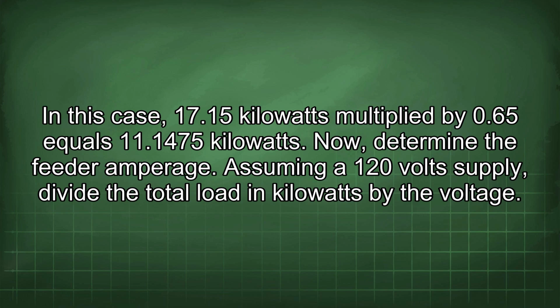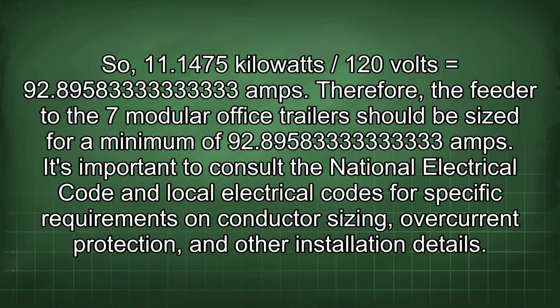Now, determine the feeder amperage. Assuming a 120 volt supply, divide the total load in kilowatts by the voltage. So, 11.1475 kilowatts divided by 120 volts equals approximately 92.9 amps.